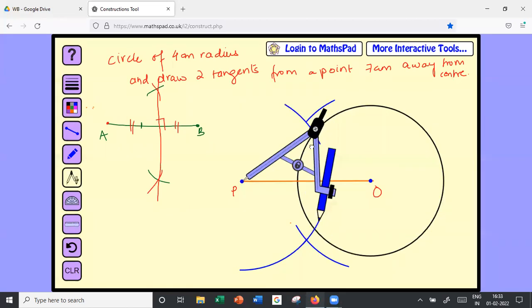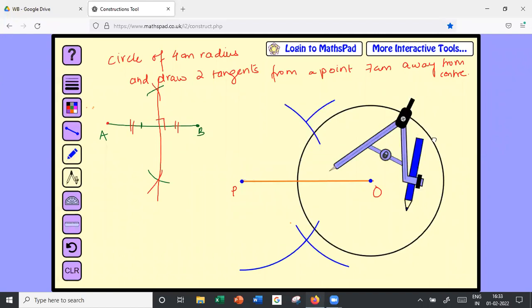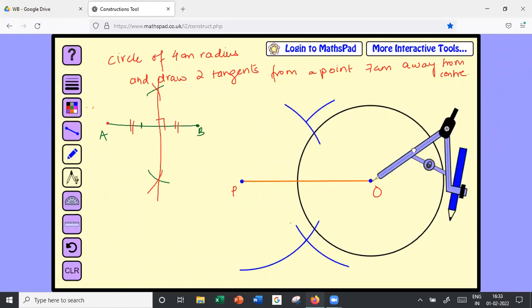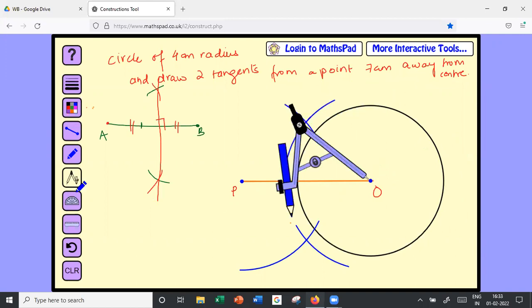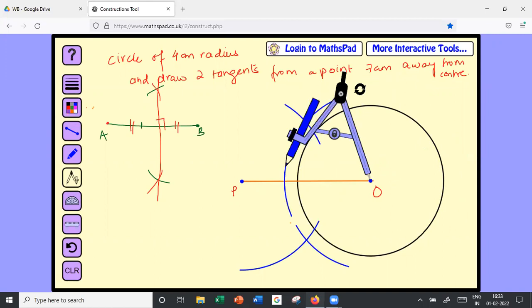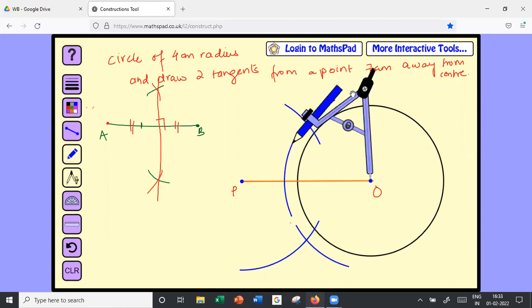Oh, this has also not come properly. Okay, just, oh, what is happening?